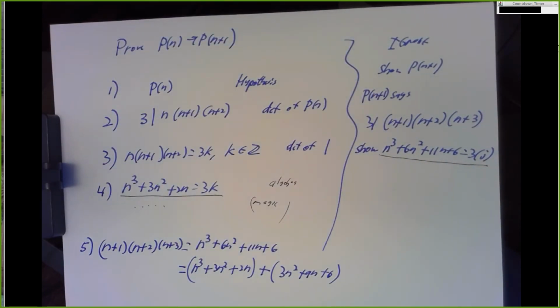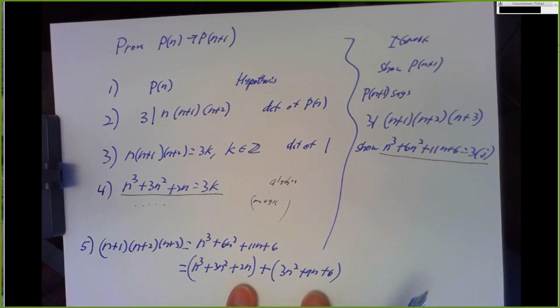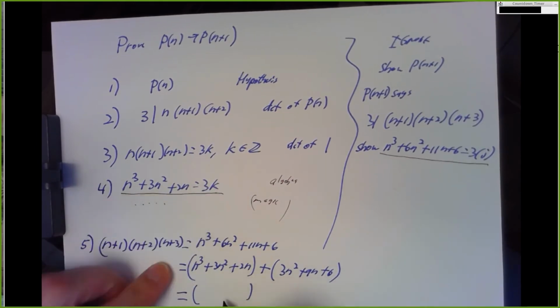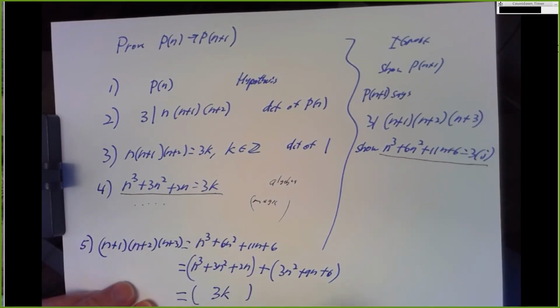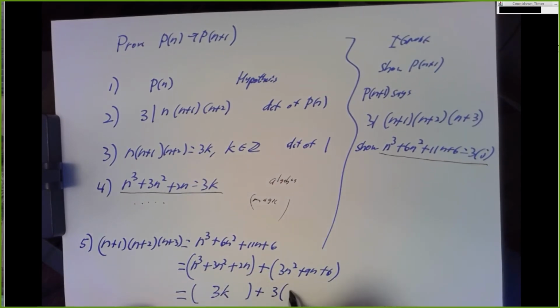No one can argue with you that 3n squared plus 3n squared is 6n squared and 2n plus 9n is 11n. So this is still absolutely true, but now I'm going to write that this is equal to, and in place of this expression, I'm going to do 3k. And in place of this expression, I'm going to do 3 times n squared plus 3n plus 2. I'm going to factor out that 3.